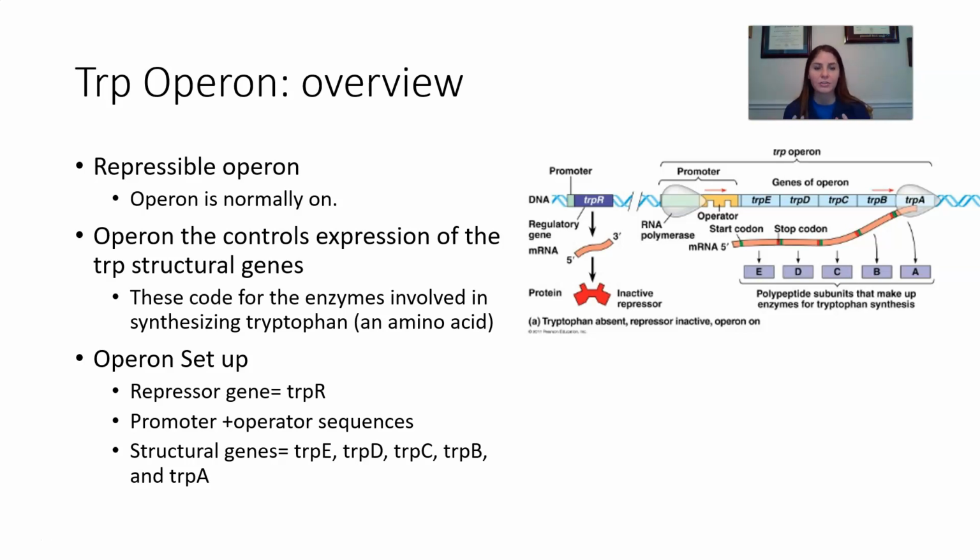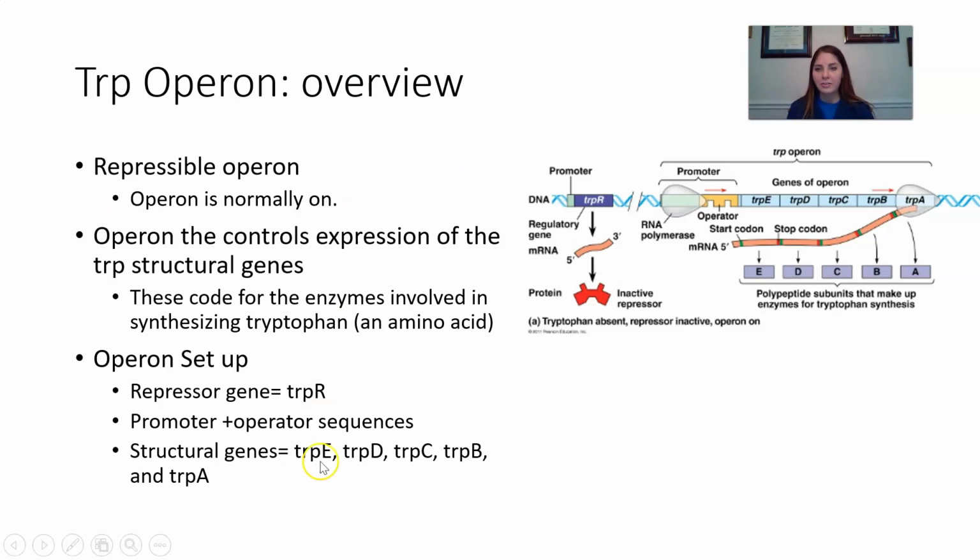Now, if we consume a big meal that includes a lot of tryptophan, like our Thanksgiving dinner, if we eat a giant turkey leg or something like that, we're going to have so much tryptophan in our body that it's going to bind to that repressor and it's going to basically activate it, so it will come into the operator site and stop RNA polymerase from transcribing the genes to create tryptophan because we have enough of it.